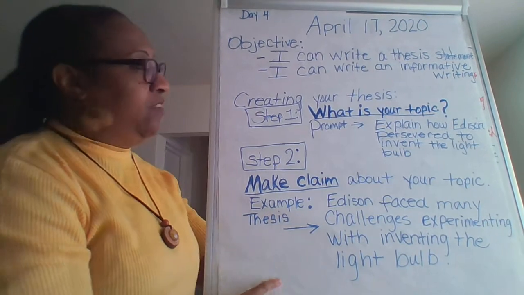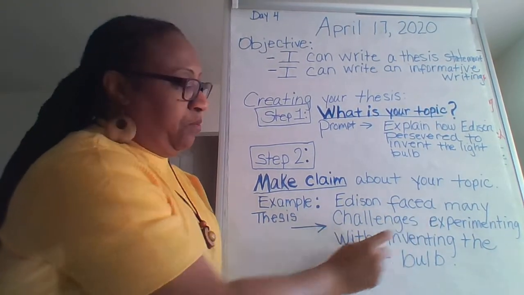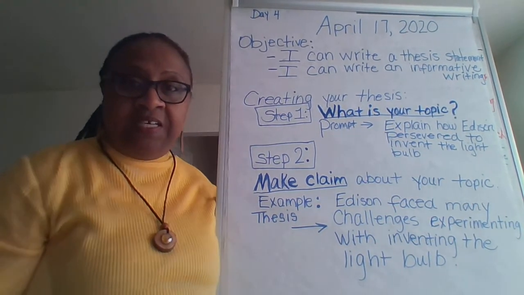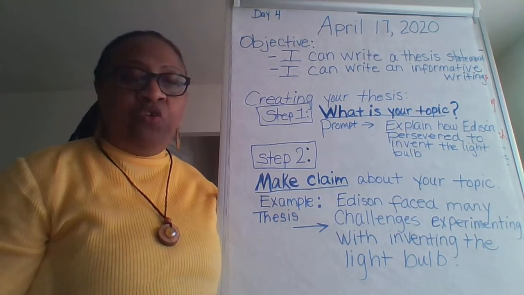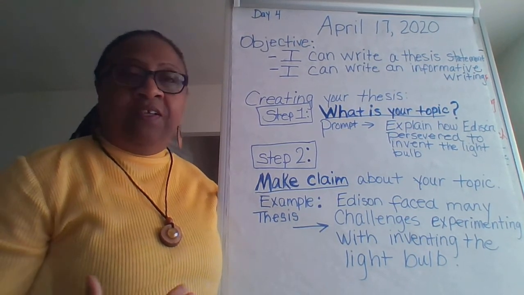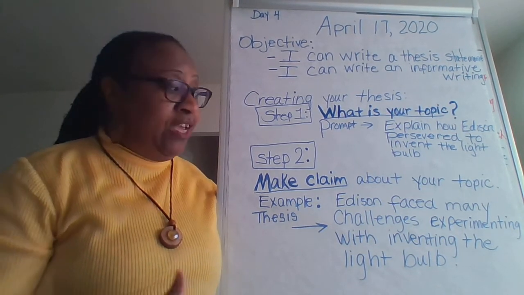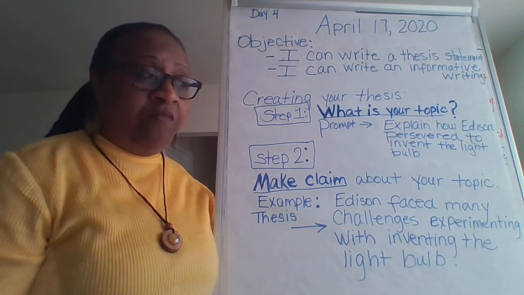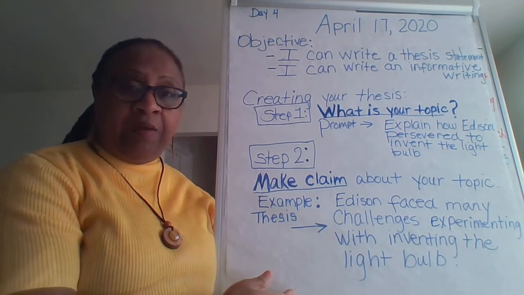My claim is Edison faced many challenges experimenting with inventing the light bulb. That is the claim that I'm going to make, that he spent numerous hours and days and months and years in his lab trying to come up with a solution of creating the light bulb. So that is the claim that I'm making.